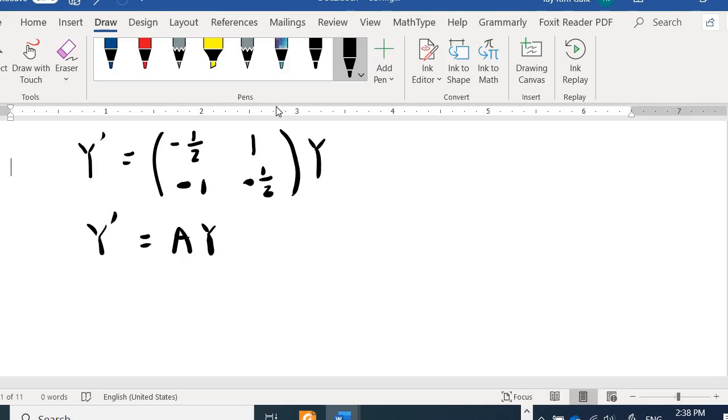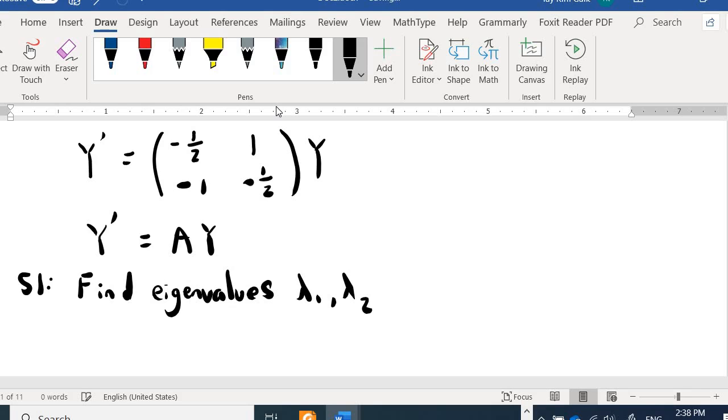As I said, step 1, you need to find the eigenvalue. A is 2 by 2, so you should have 2 eigenvalues, lambda 1 and lambda 2. Find them from the determinant of A minus lambda I equal to 0.